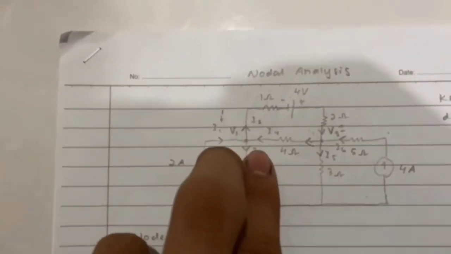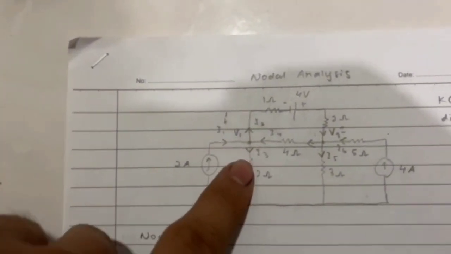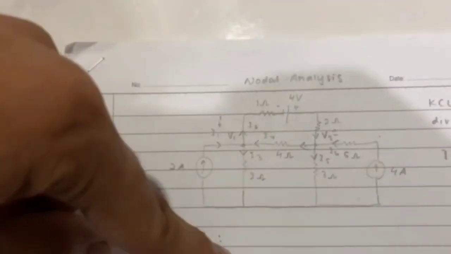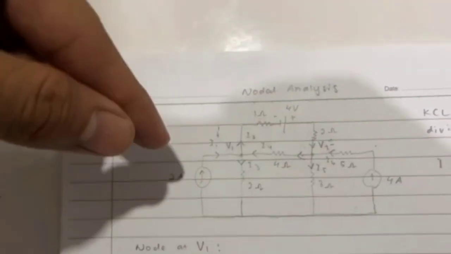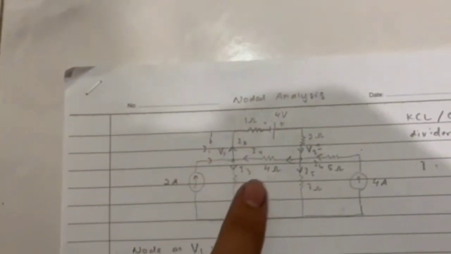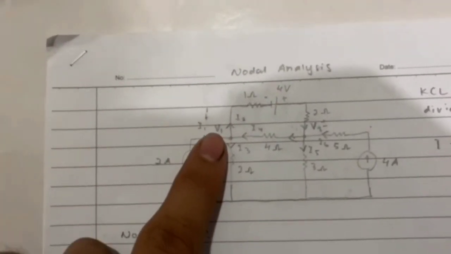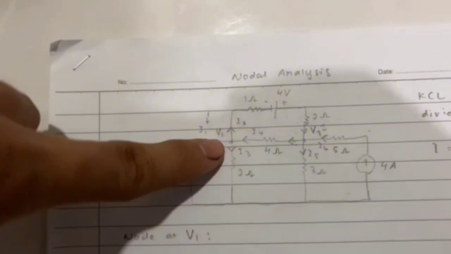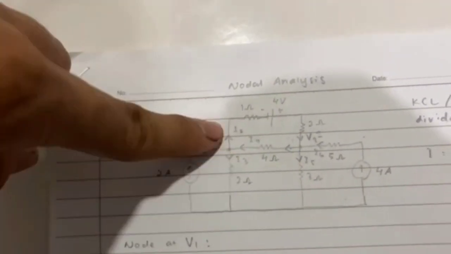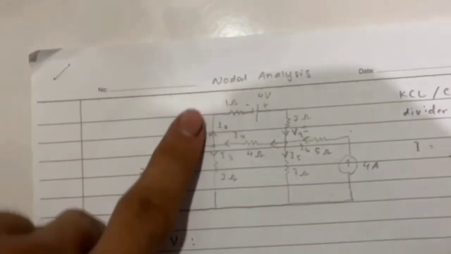So what's the current exiting the node V1? As there is current in, there will be current exiting the node V1. From this, two currents distribute to the other junctions.